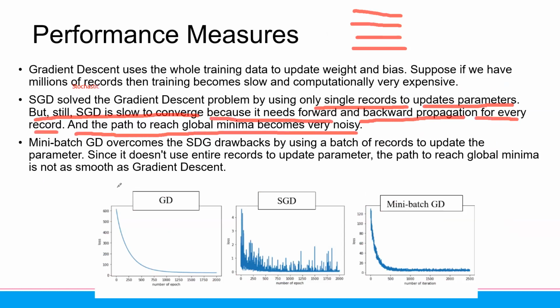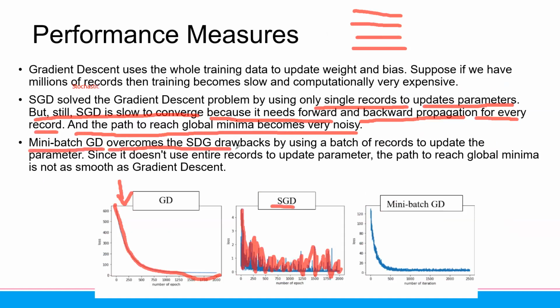If you look at the graph here, the gradient descent is very smooth to find the optimum loss, but the stochastic gradient descent is very noisy, so it will fluctuate, and it is difficult to find the global optimum because of this noise. We have another approach, we call it mini batch gradient descent.